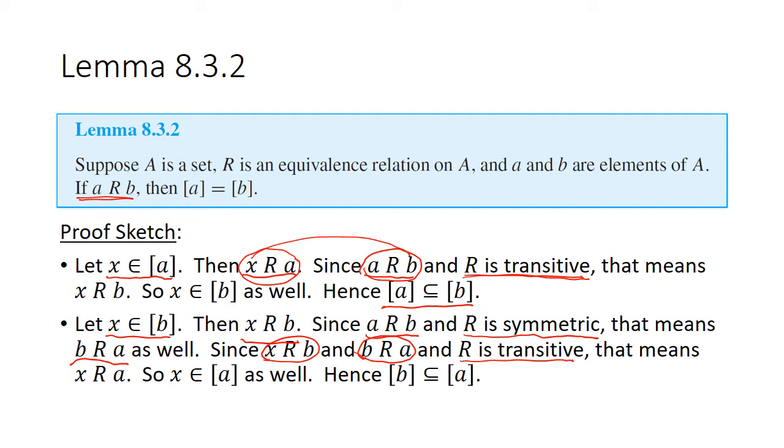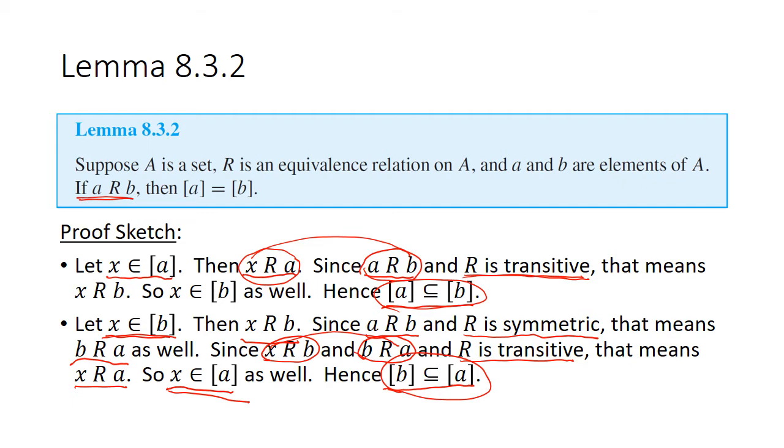So we can go all the way from X over to A and say that X is related to A. So X is in the equivalence class of A. We started by saying that X was in the equivalence class of B, and we found that X is in the equivalence class of A. That means that the equivalence class of B is a subset of the equivalence class of A. Since we have these two subset relationships, the equivalence class of B is actually equal to the equivalence class of A. So that is how that proof works.